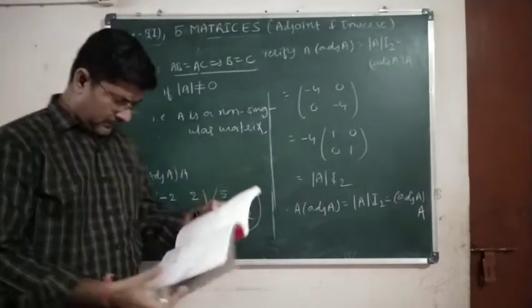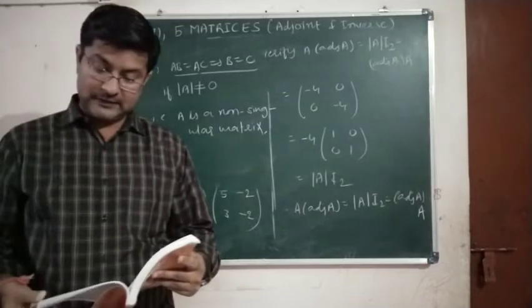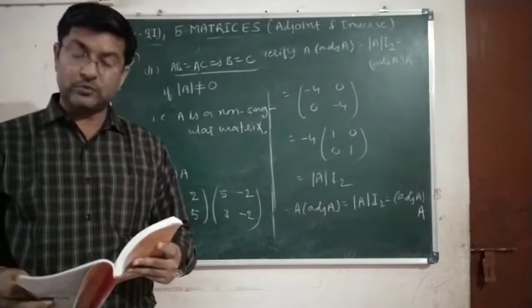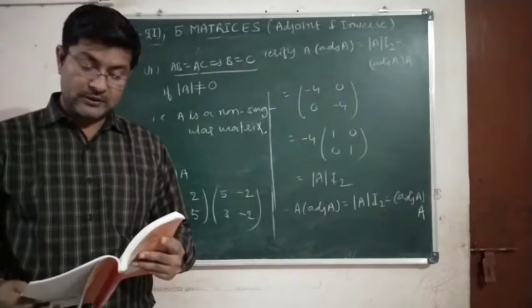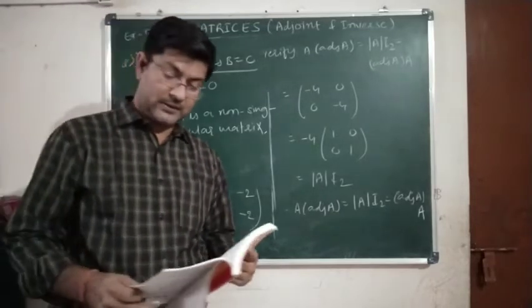Now question number 4. Again we have to find the adjoint and verify. Similar sums we are not going to do because finding adjoint is quite easy. Now question number 5, find the inverse.